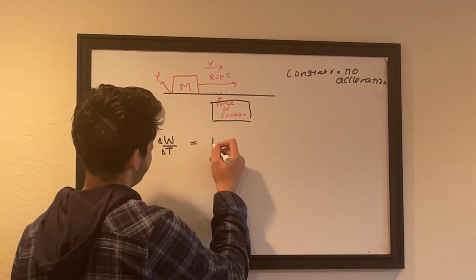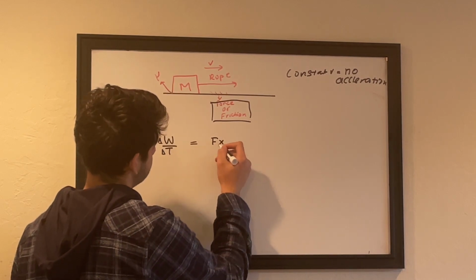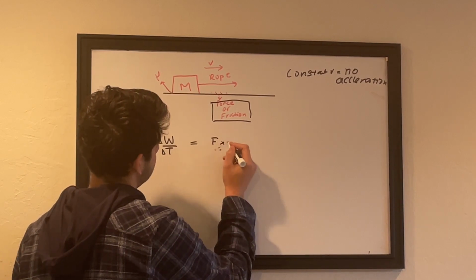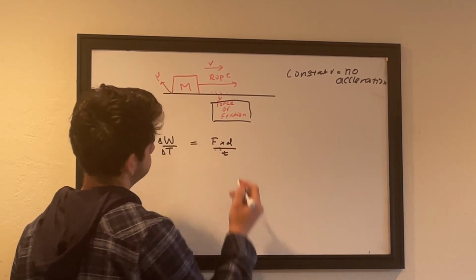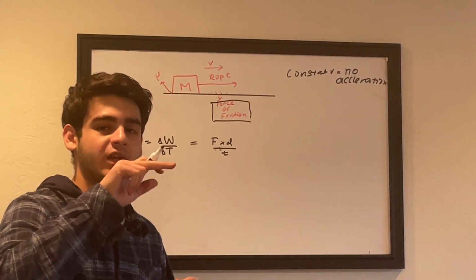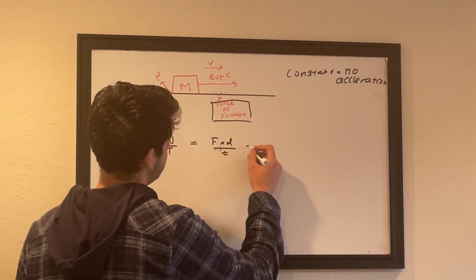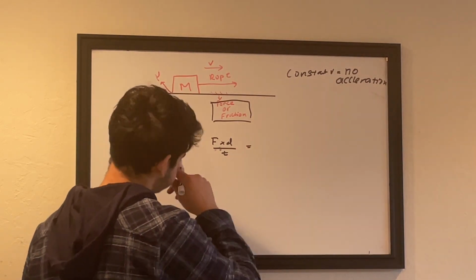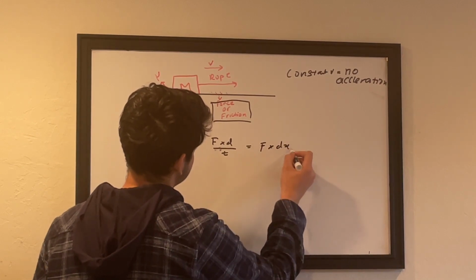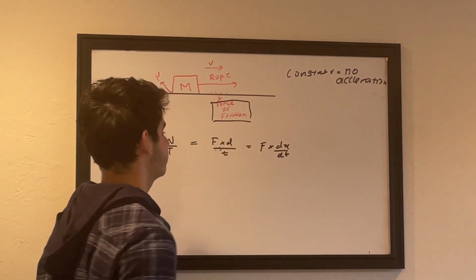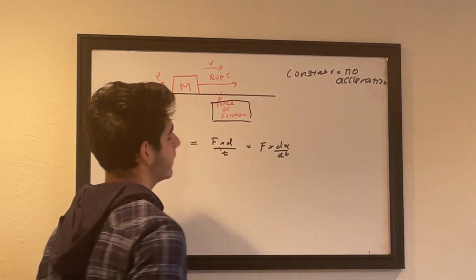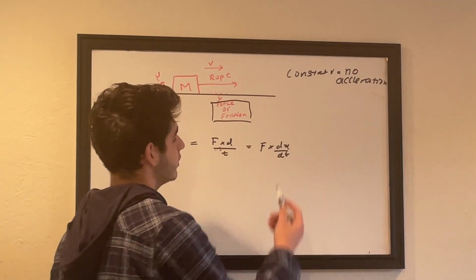Work is basically F times D. So power is F times D over T. Now, when you take the change, it's basically the slope, the change. So F times dx by dt. Okay? Because you can take this dx by dt, the change in distance over change in time.